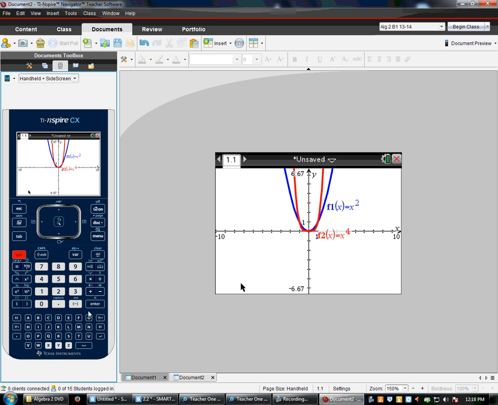Pull that back up. Still squiggle. 2x raised to the third, minus x squared plus 3x minus 1.